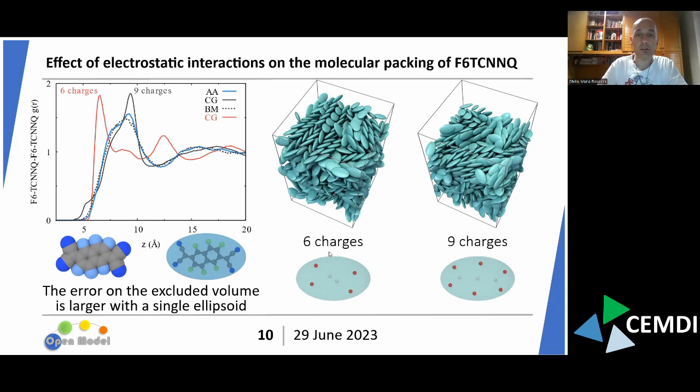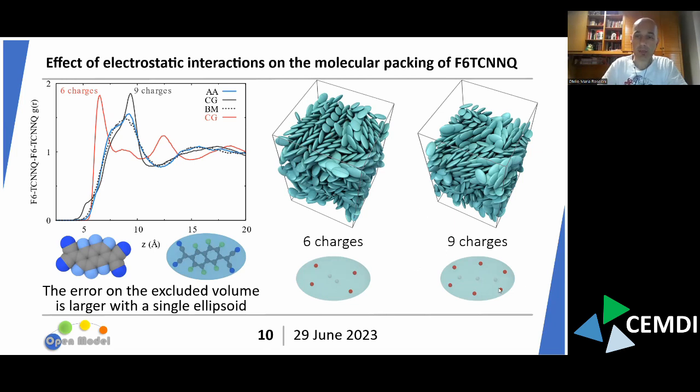So we started using 6 charges to reproduce the model, and we saw the formation of these herringbone structures on, let's say, a surface, which is not really what we knew experimentally.